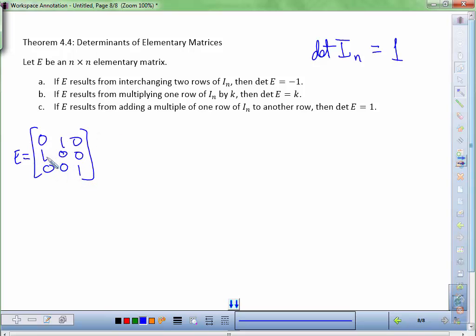So this is the result if I switch the first and second rows of the identity matrix. Let's do an expansion to find the determinant.